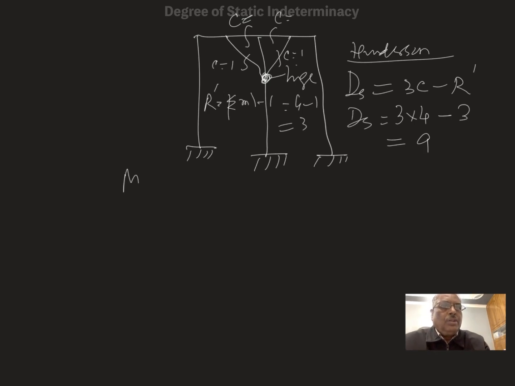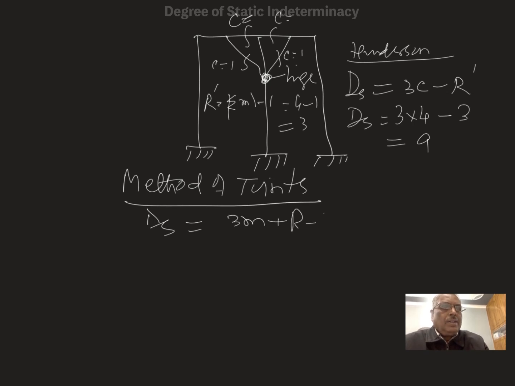Now we solve the same problem by the method of joints. So ds is equal to 3m plus r minus 3j minus r dash. So 3, how many members? 1, 2, 3, 4, 5, 6, 7, 8, 9, 10. There are 10 members. How many reactions? 9 reactions.